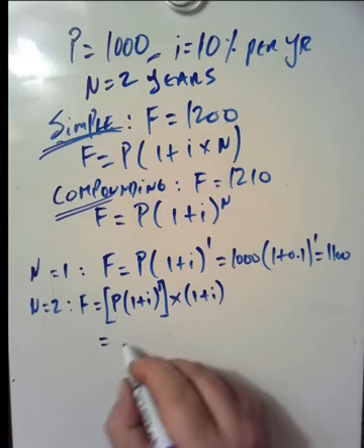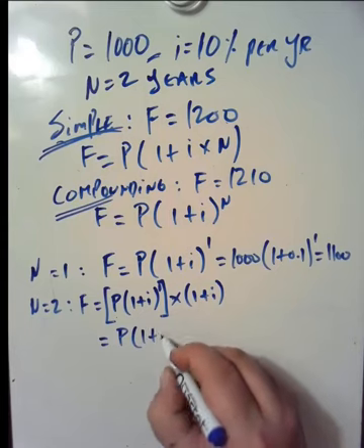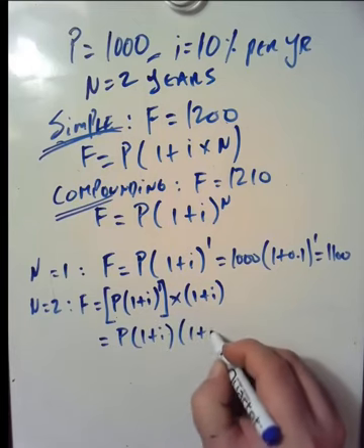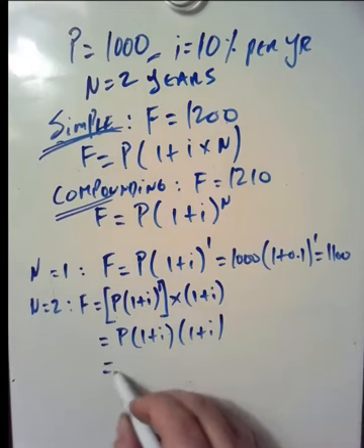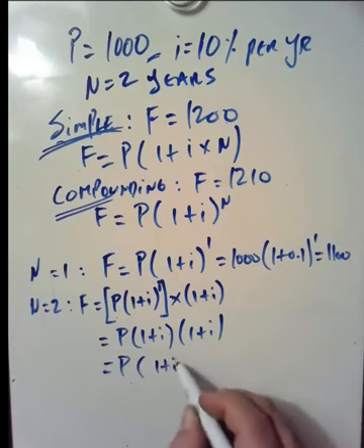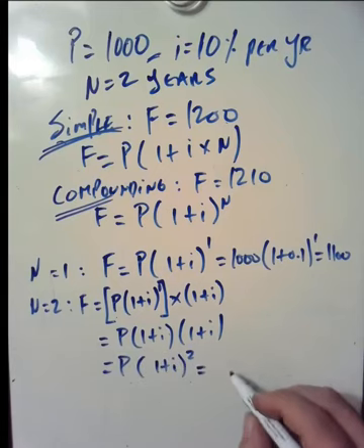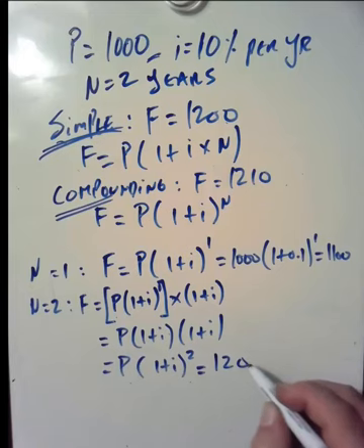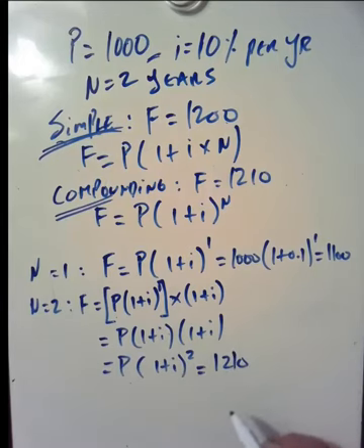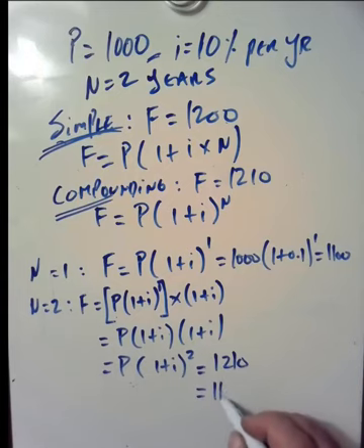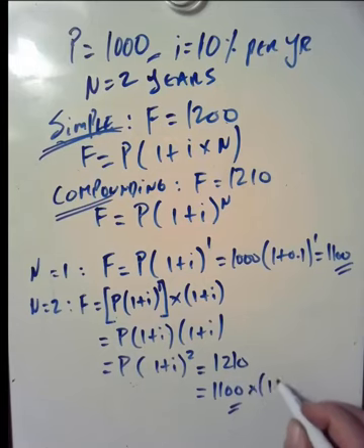Note that this ends up being (1 plus i) times (1 plus i), so (1 plus i) squared, and that's how you get the 1,210, which is how much money you had in the first period times 1 plus the interest rate.